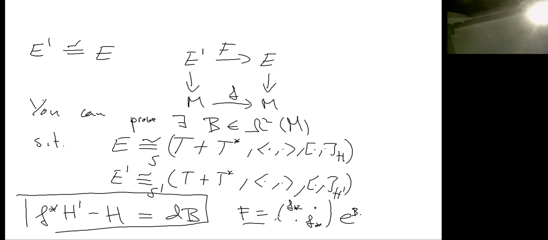So with this formula in hand, F star H prime minus H equals dB, you can prove that the cohomology class of H prime and H is the same, because this F is in the identity component of the diffeomorphism group. Recall we have F star H prime minus H equals dB, and just because this F is F1 for some one-parameter family.